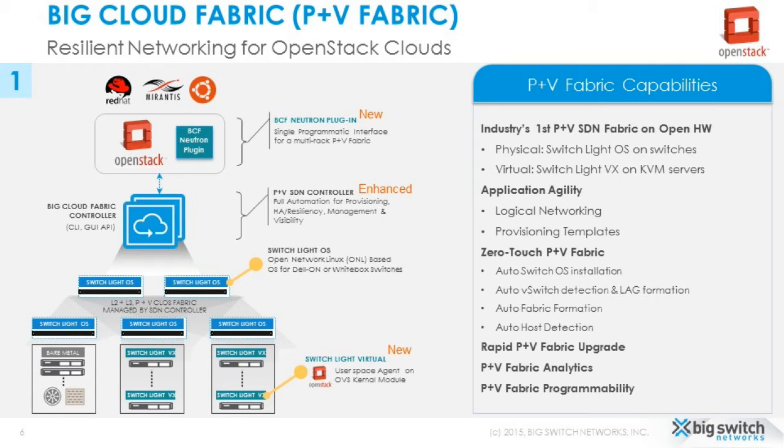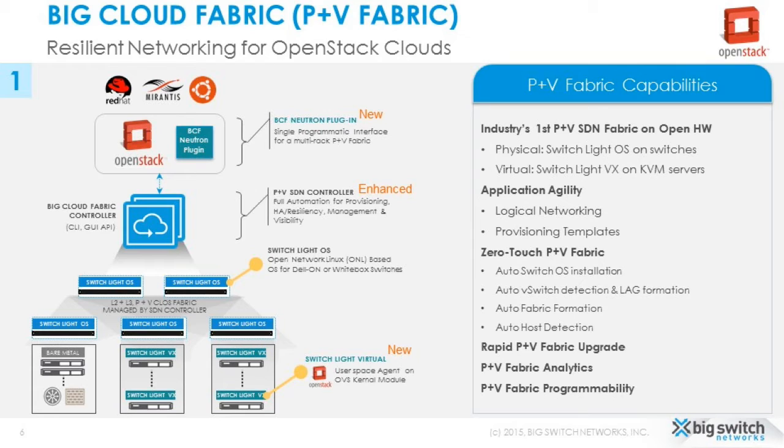Similar to the P-Fabric solution, P+V Fabric has multiple capabilities, providing operational simplicity to the end user. Application agility decouples physical and logical network, making it easier for customers to deploy applications independent of the workload's physical location.